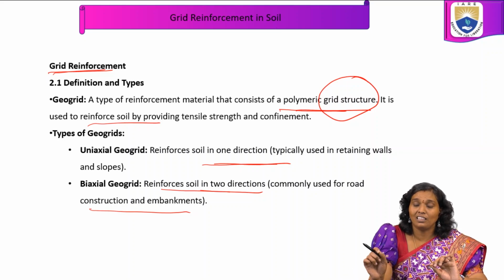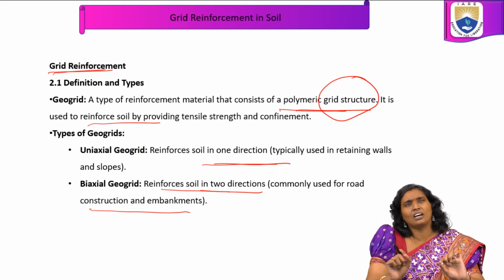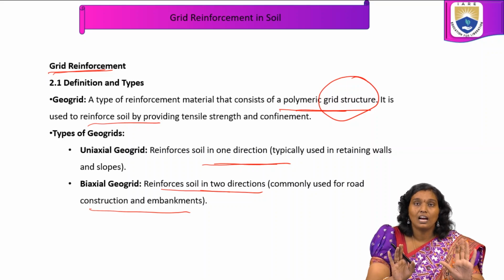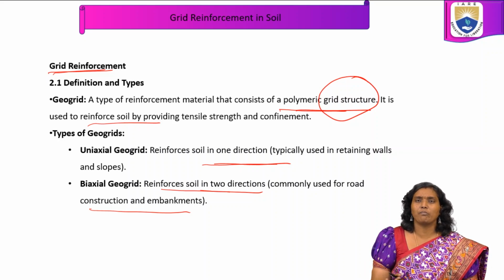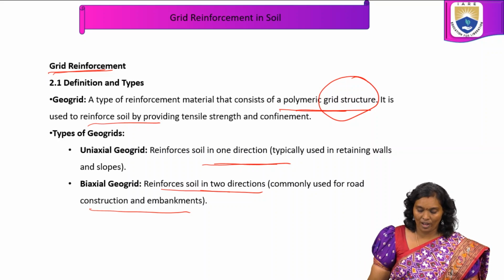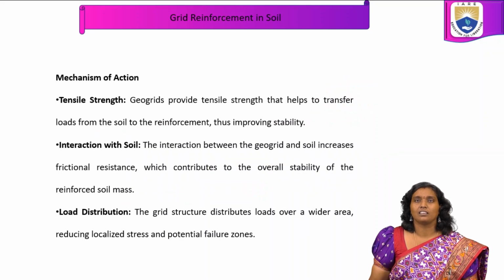In retaining walls and slopes, we use the uniaxial geogrid. Whenever it is road construction or embankments, we choose the biaxial geogrid.